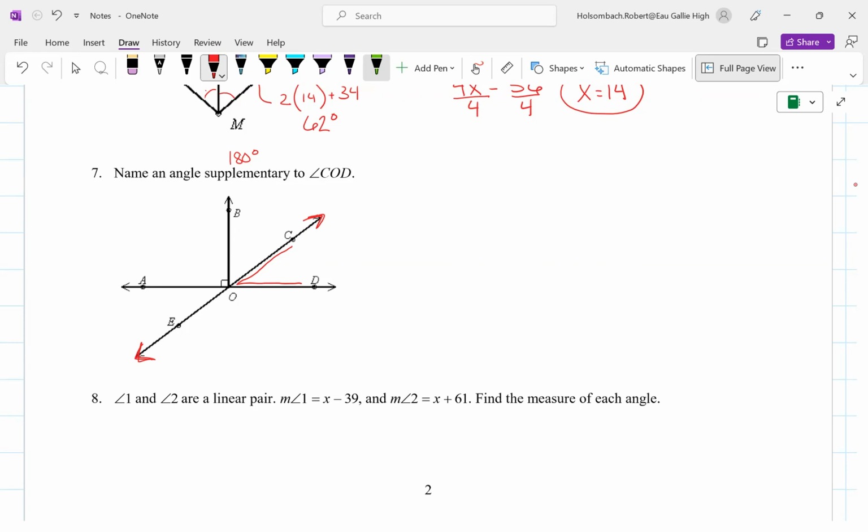I'm looking at the straight line EC. What can I combine with COD to form that straight line? Well, right here, EOD. So supplementary to COD is angle EOD, or you can call it angle DOE.